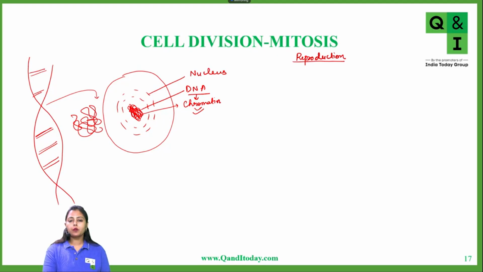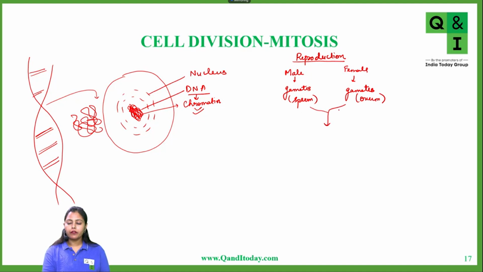For reproduction to occur, the male would be producing gametes and similarly, the female would also be producing gametes. The male gamete is called a sperm, whereas the female gamete is called an ovum. Once they fuse or fertilize with each other, they lead to the formation of a zygote.